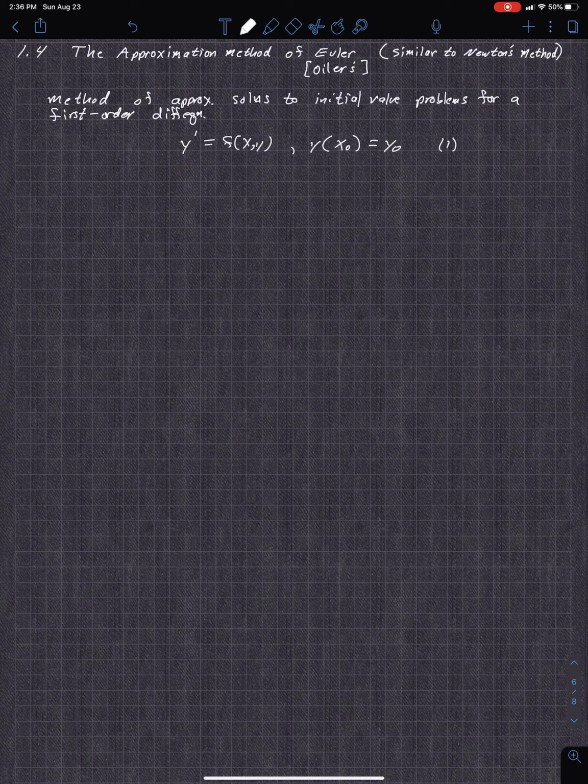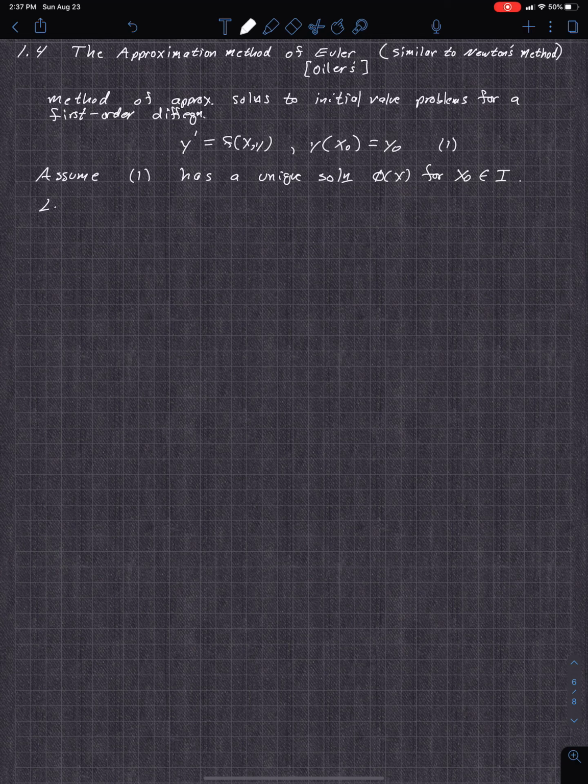So here's the setup, and assumptions. Assume that equation 1 has a unique solution phi of x for x in some interval.